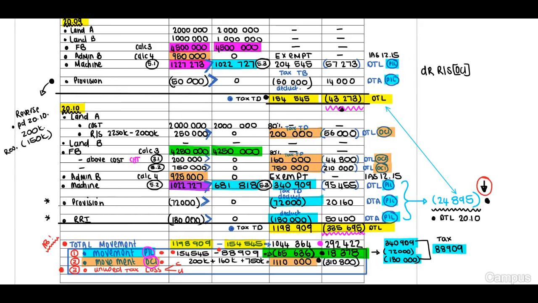With an amount of 310,800, which we have calculated when you look at the bottom, guys. 310,800 brackets, therefore debit your revaluation surplus, and we need to credit our deferred tax in our profit and loss with an amount of 18,378.